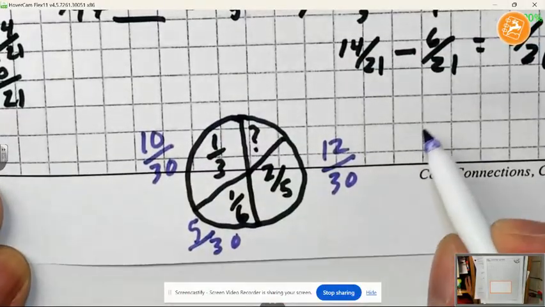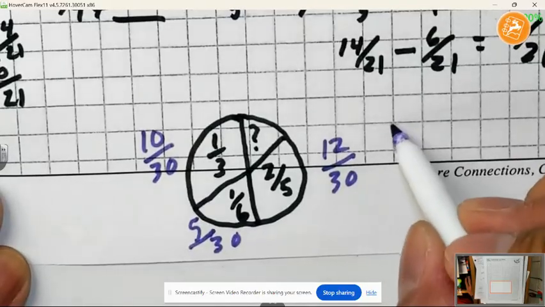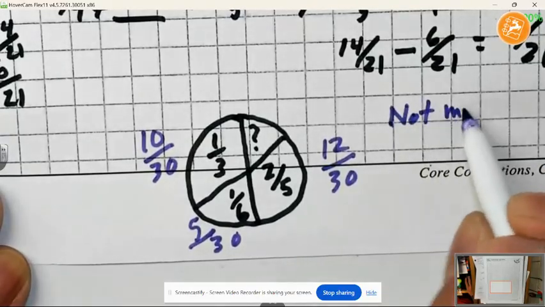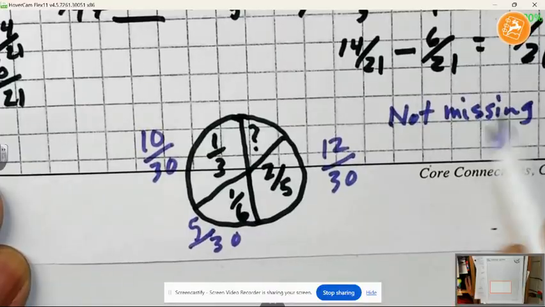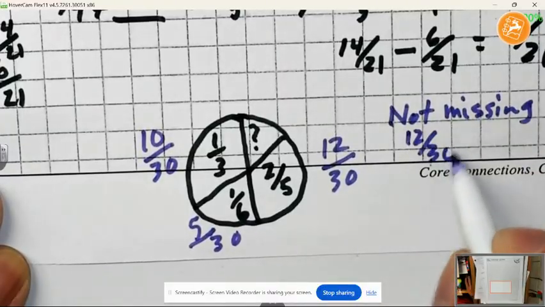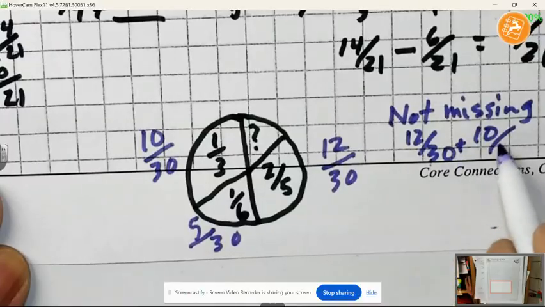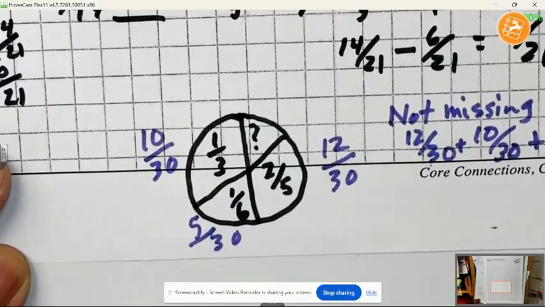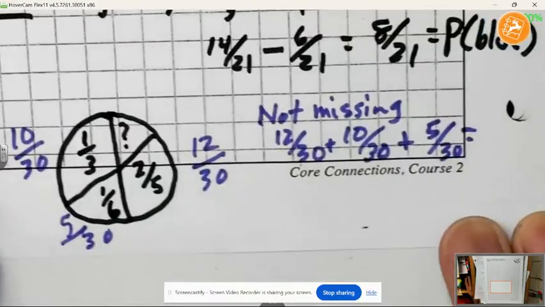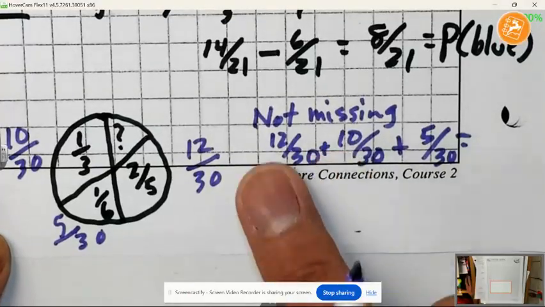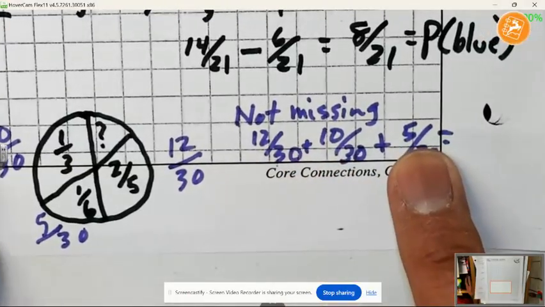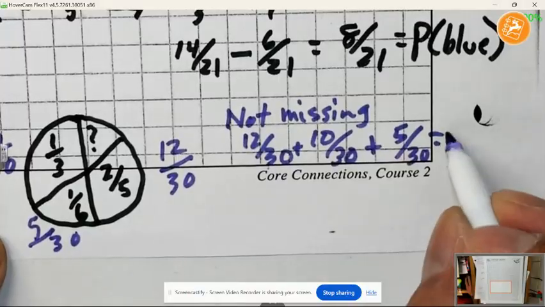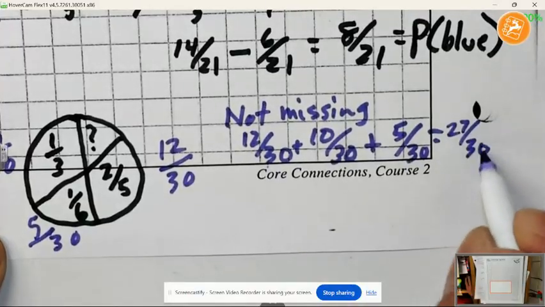Now that gives us what's not missing: 12/30 plus 10/30 plus 5/30. That gives us 27/30.